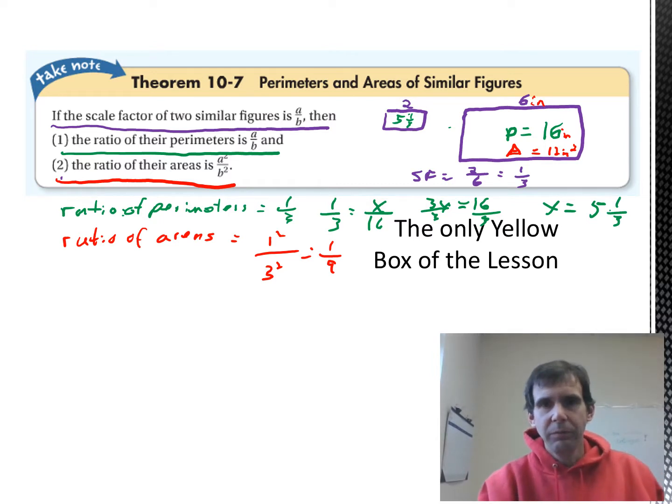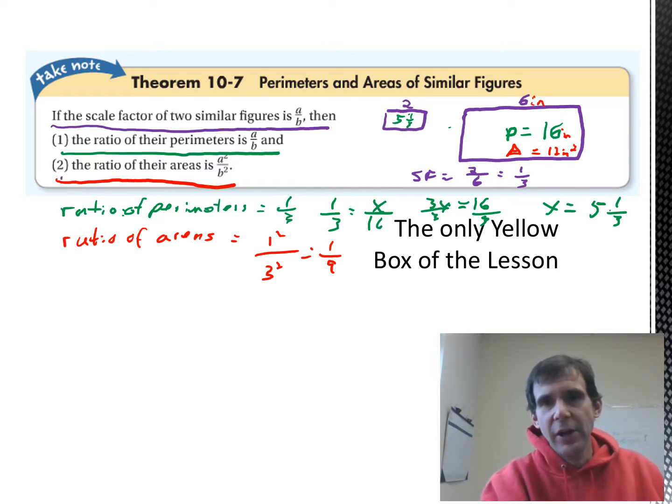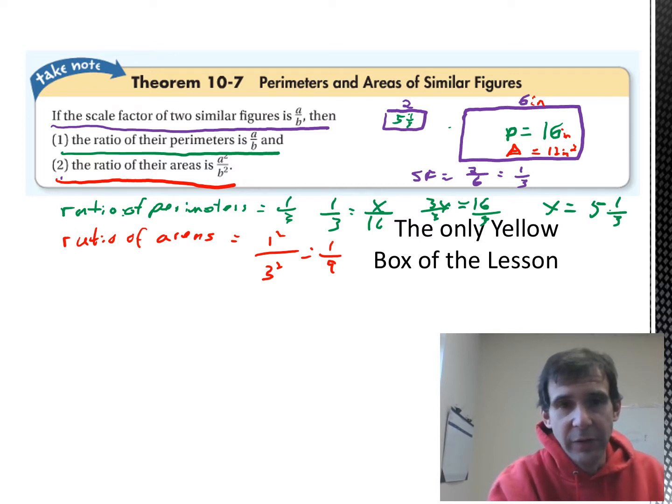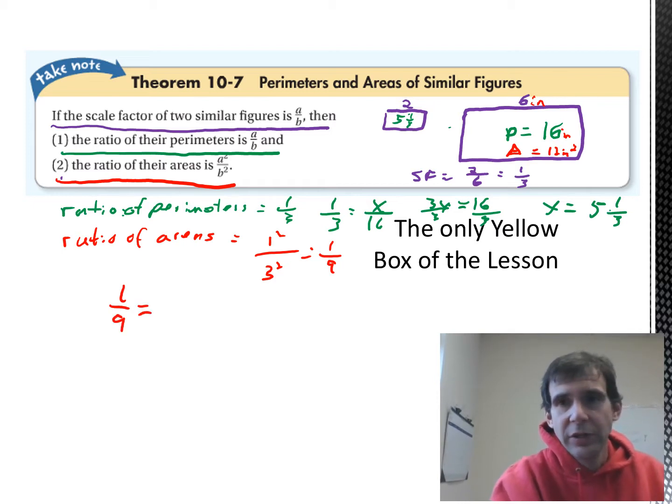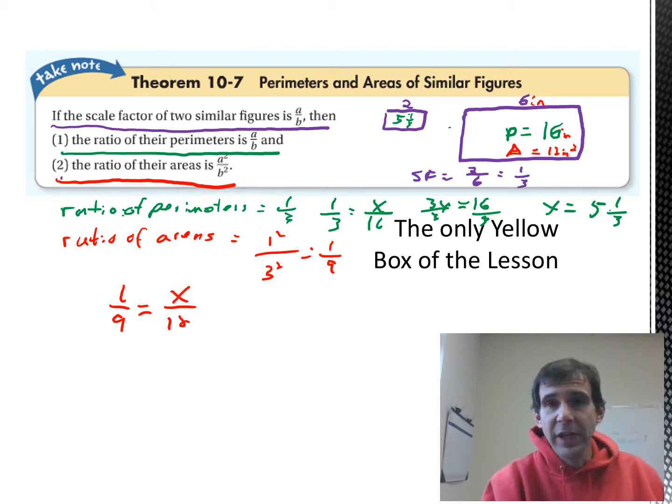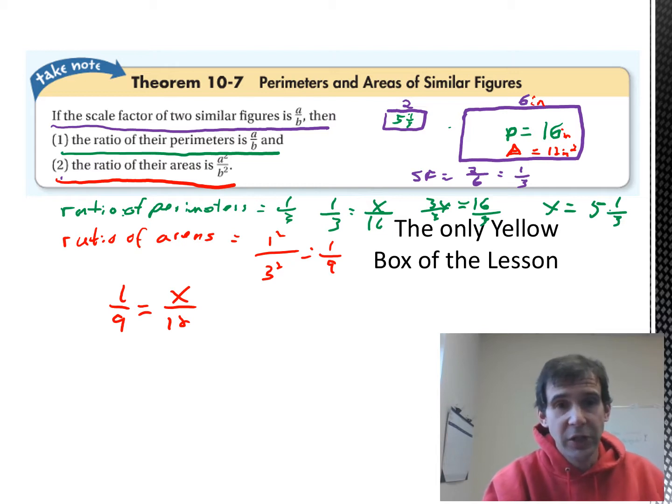So now I know what one of the areas is, 12 square units for the area of the larger figure, so I can set it up in this 1 to 9 relationship. So 1 over 9 equals x over 12. Now I can find out what the area of the smaller figure is, because I know they're always going to have that 1 to 9 relationship.